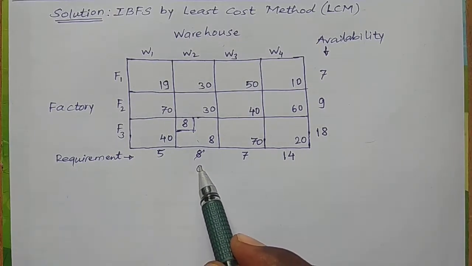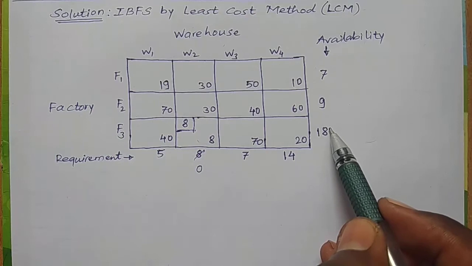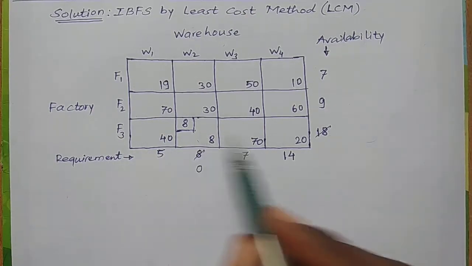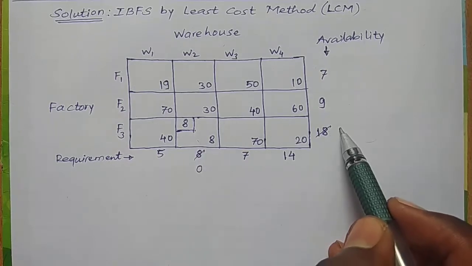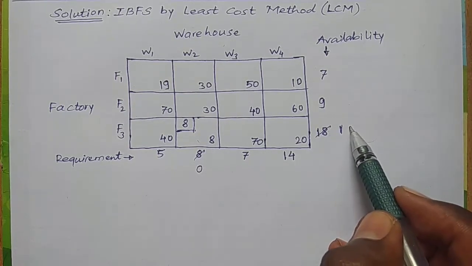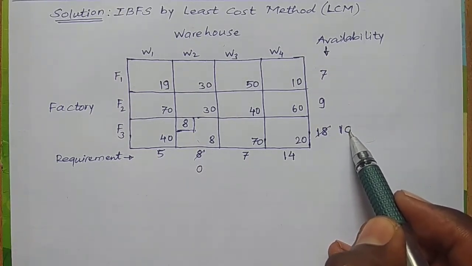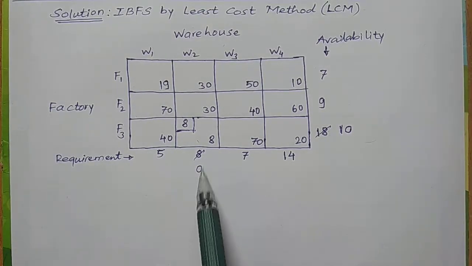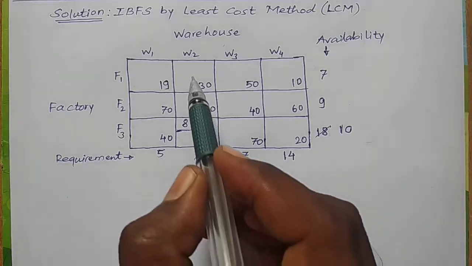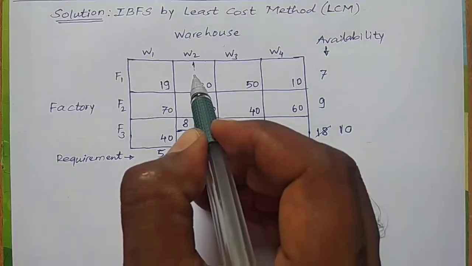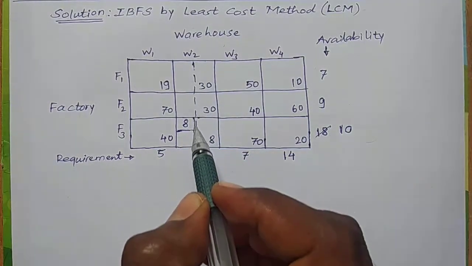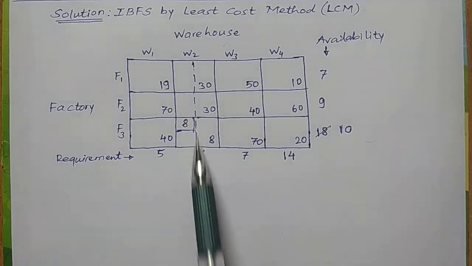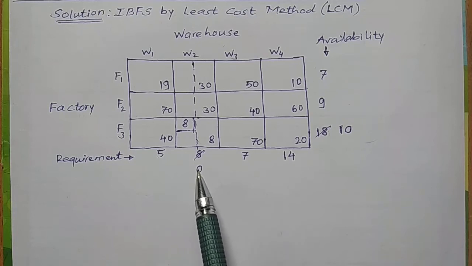It has no more requirement, and the availability of factory F3 reduces by 8. So 18 minus 8, it can give a total of 10 units. Now as the requirement is fulfilled, let us neglect this column from further calculations.